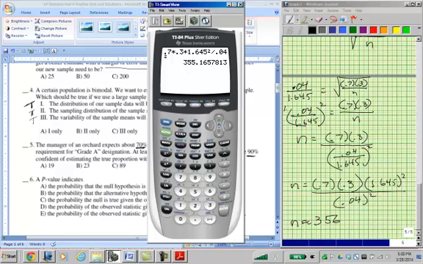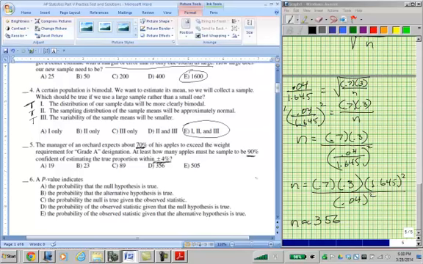You just have to make sure that you take the inverse of this fraction right here, so that 1.645 ends up in the numerator and 0.04 remains down in the denominator. Either way, you're going to be fine. So the answer is 356 or 355, whichever. And that is D.